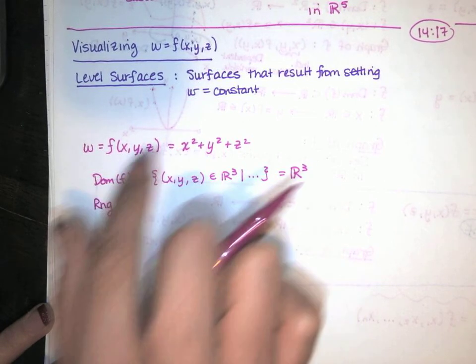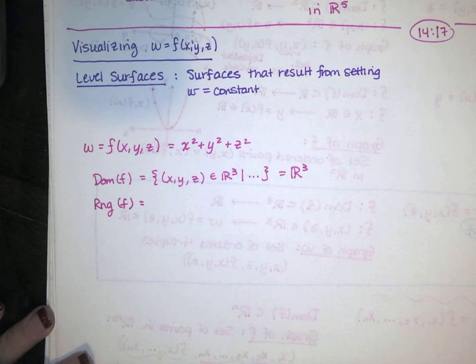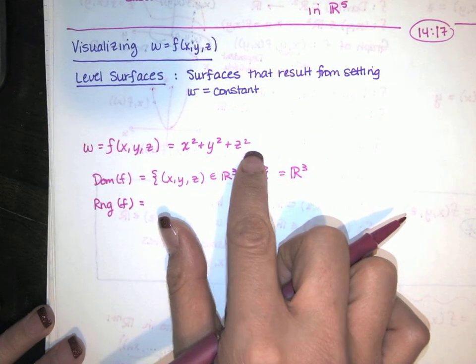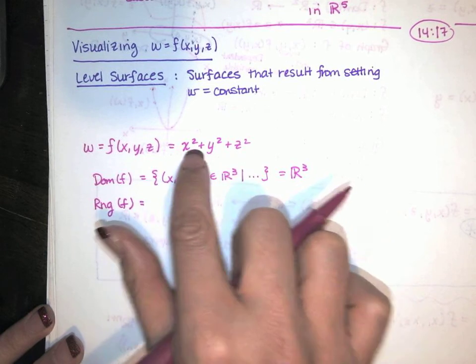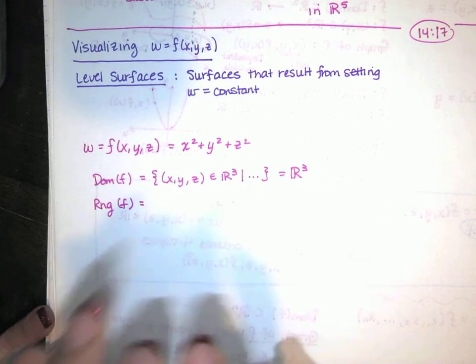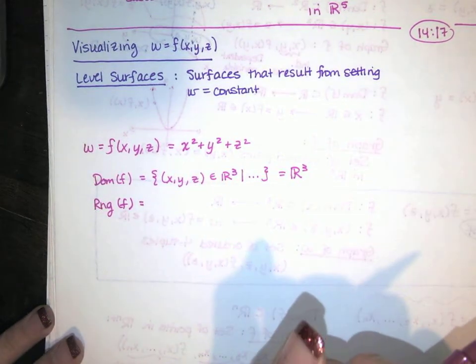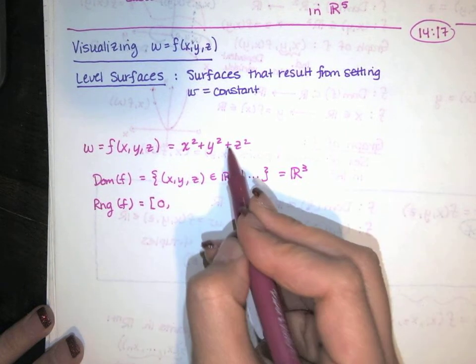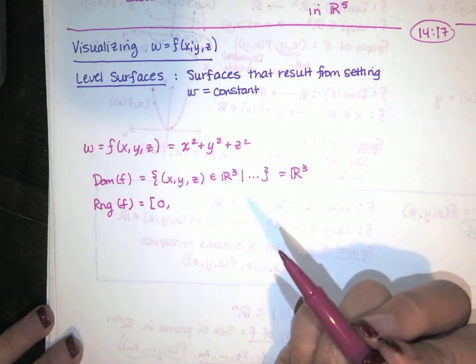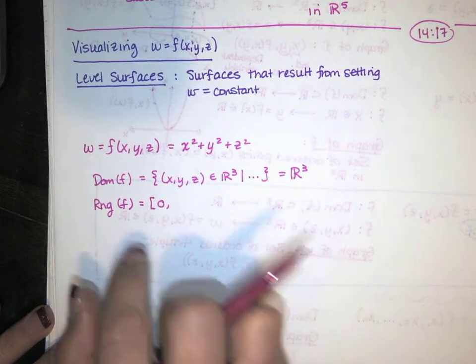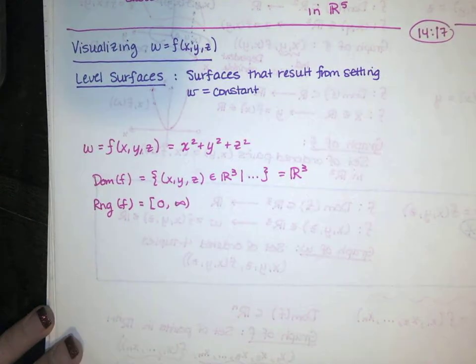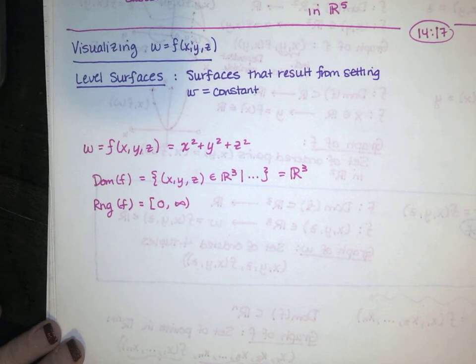If I let x get larger and larger, x squared gets larger and larger. The same is true for y squared and z squared. So the smallest that the sum of 3 squared terms could possibly be is 0. And by choosing x, y, or z, or all 3 of them, larger and larger, the w values also get larger and larger. So the range of this function is 0 to infinity.